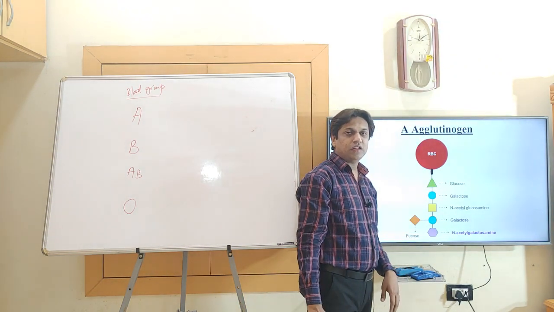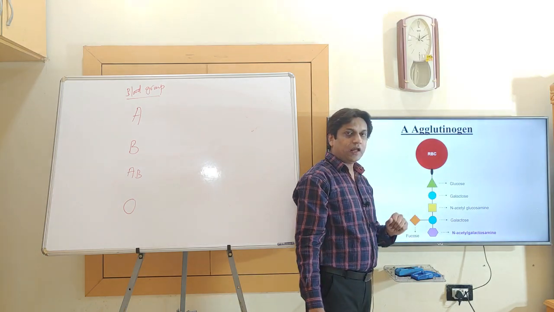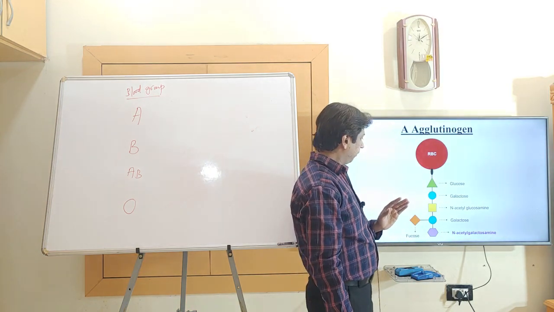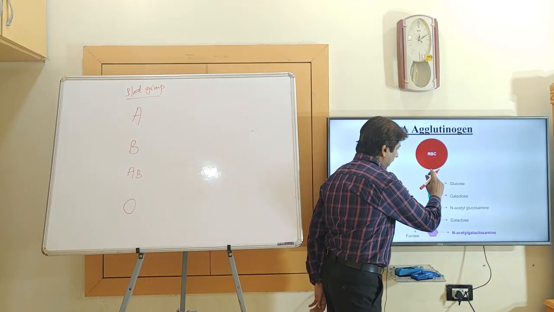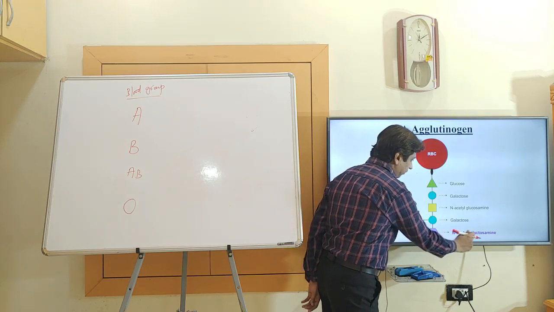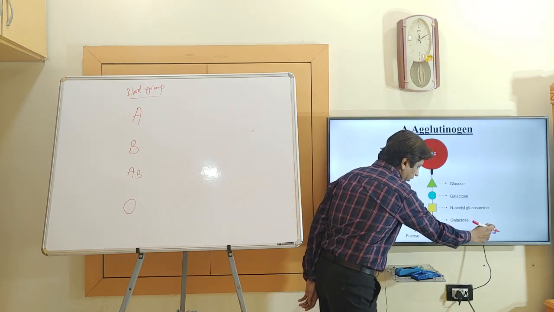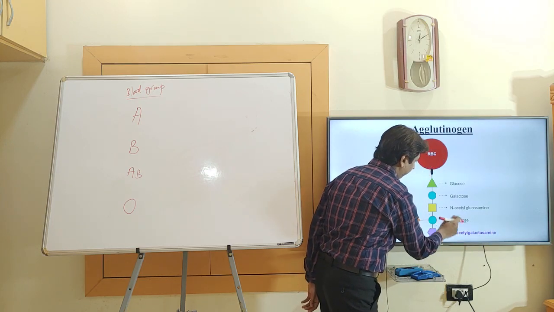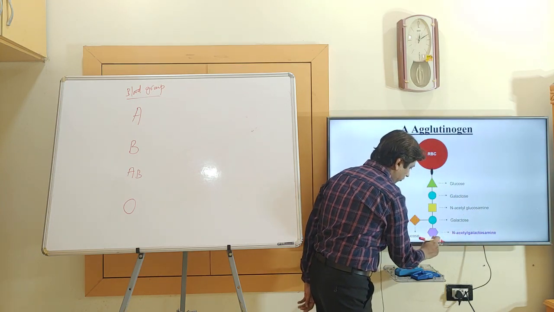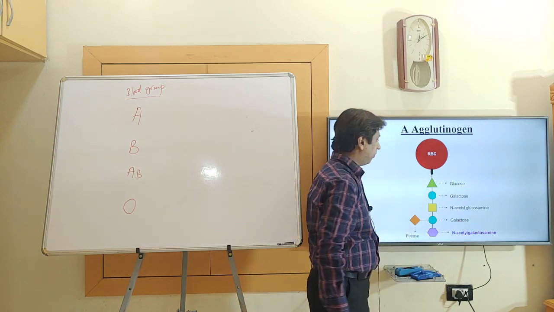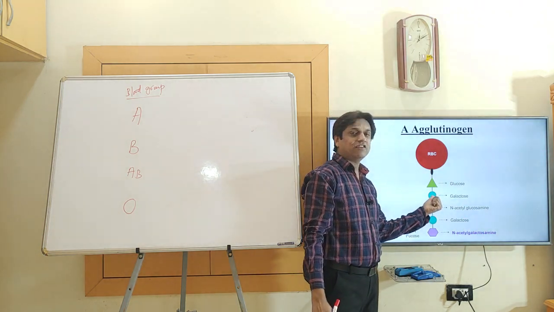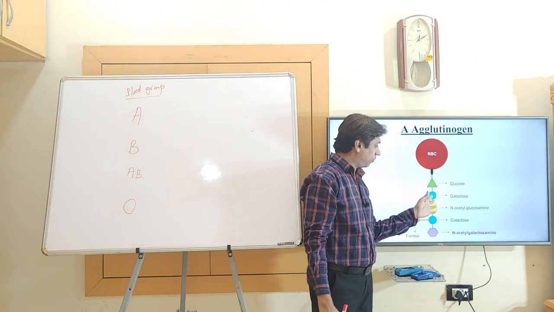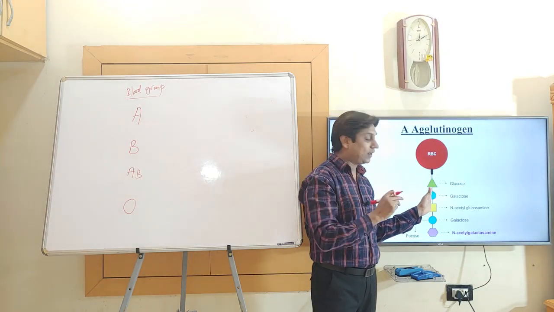One more thing I would like to highlight: in this A antigen, if we remove this last terminal sugar, N-acetyl galactosamine, the remaining part is known as H substance or H antigen. We will discuss H substance also.